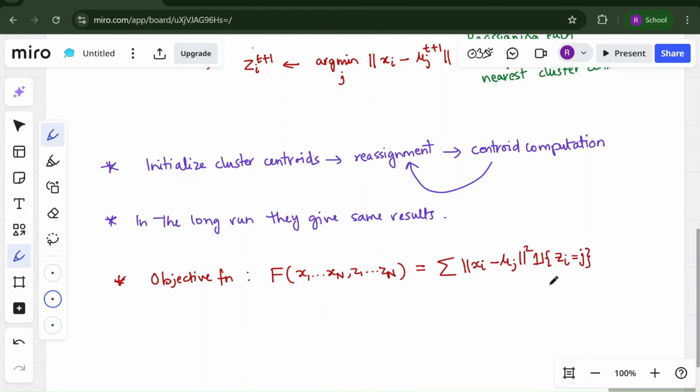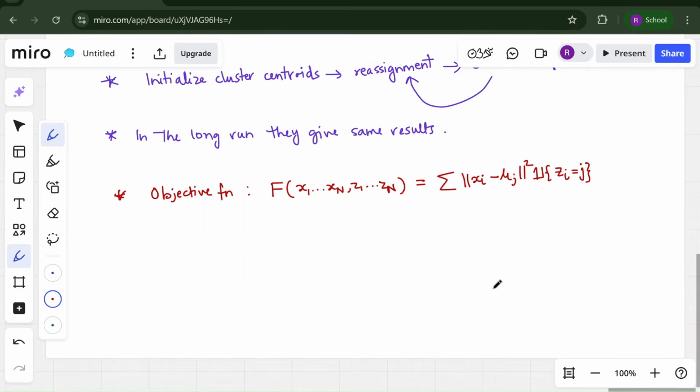So this is one way of saying that you are computing the distance squared of each point from its assigned cluster centroid or cluster mean. Same thing.